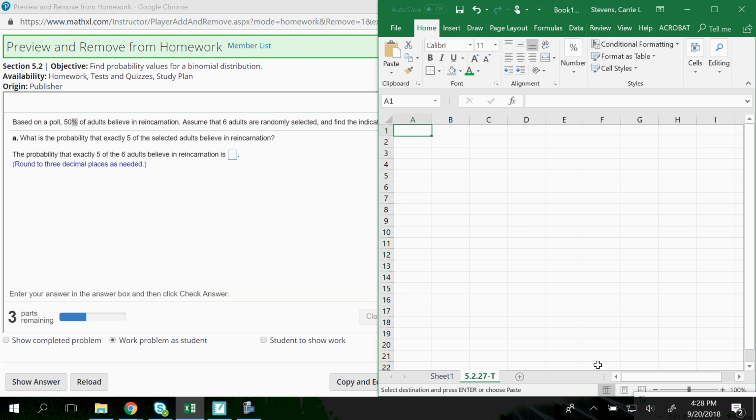Okay, so requirements for a binomial random variable, where x counts successes.